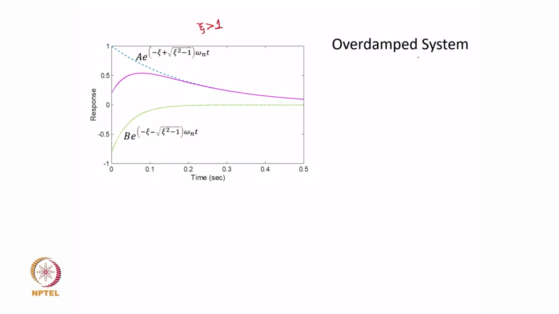So, overdamped systems are characterized by the normalized damping being more than 1. So, the actual damping C is more than the critical damping of the system CC, and again by following the same process you will find that there will be two terms in the solution, one with this root and the other one with this root, except that instead of square root of 1 minus zeta square, obviously you will have to write zeta square minus 1, which is what originally we got.